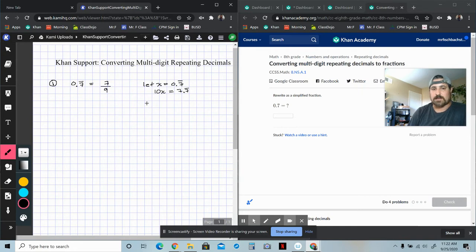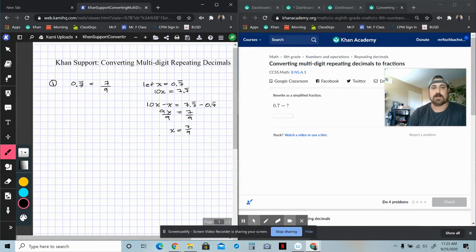Now we can say 10x minus 1x, which is equivalent to 7.7 repeating minus 0.7 repeating. So 9x is equal to 7, since the 0.7 repeatings cancel out. Then you solve by undoing times 9, dividing both sides by 9, hence we get 7 ninths. That's where the answer comes from, the justification of why this pattern works.